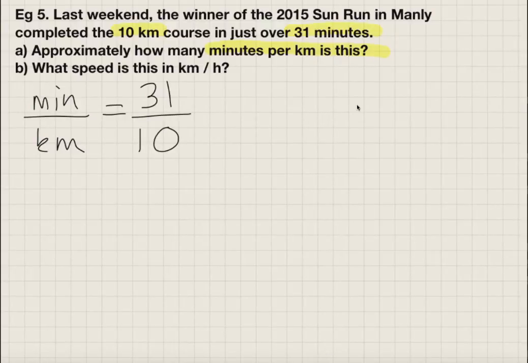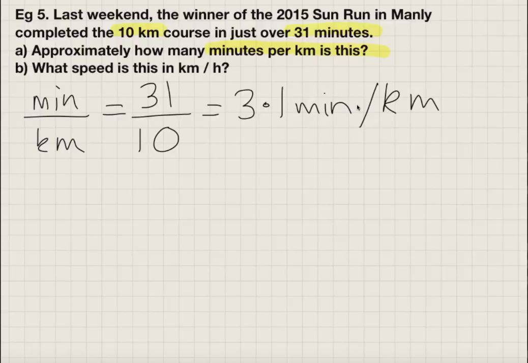And using your calculator to work that out, you should get 3.1 minutes per kilometre. And you can work that out into seconds as well if you like. It's not 3 minutes and 10 seconds because time works in units of 60 for minutes and seconds.